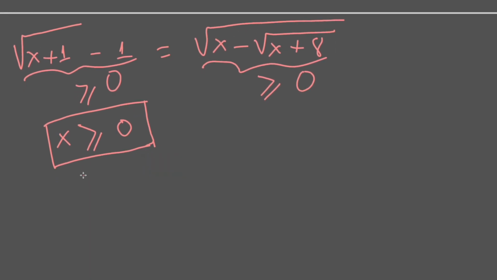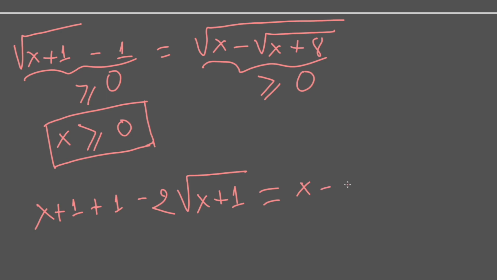The next step is to square both sides of this equation. First of all, we have to remove the nested radical. We have x plus 1 minus 2 times square root of x plus 1, and on the left side we remove the outside radical.